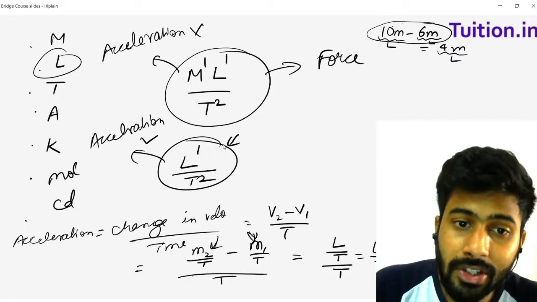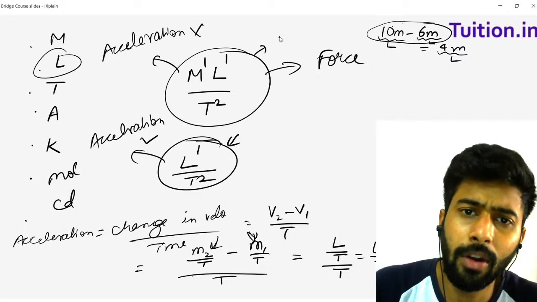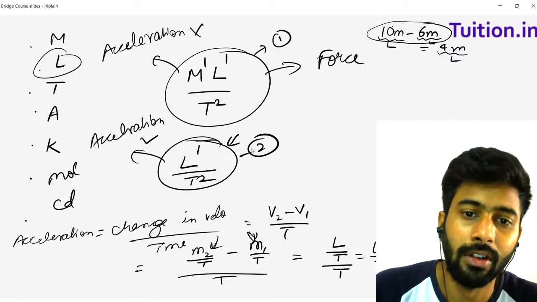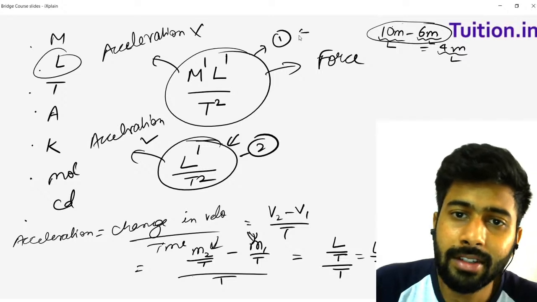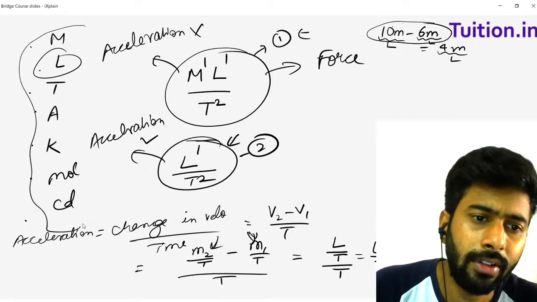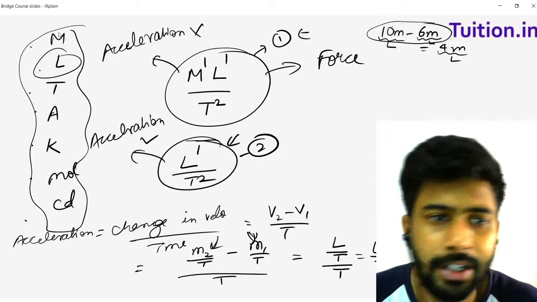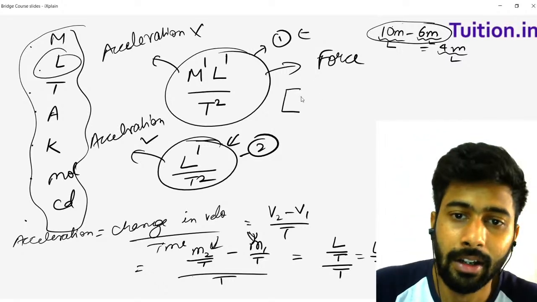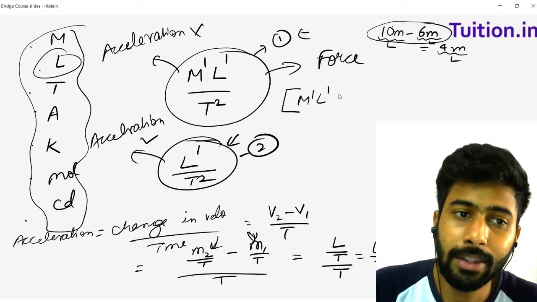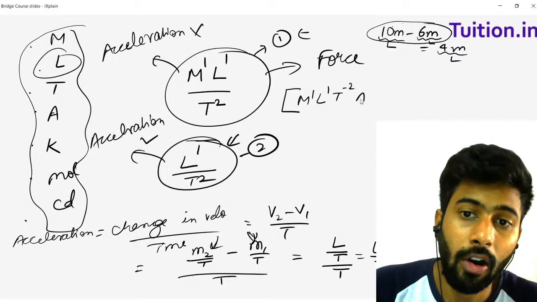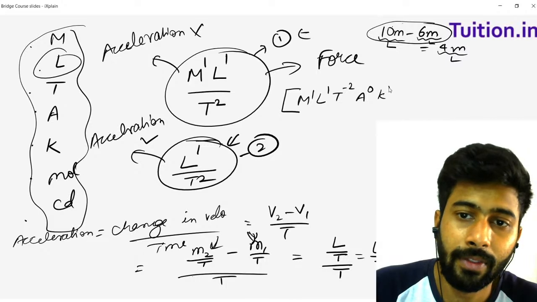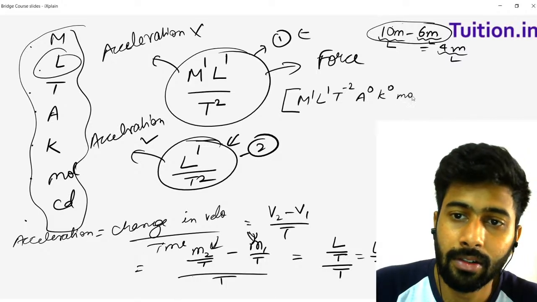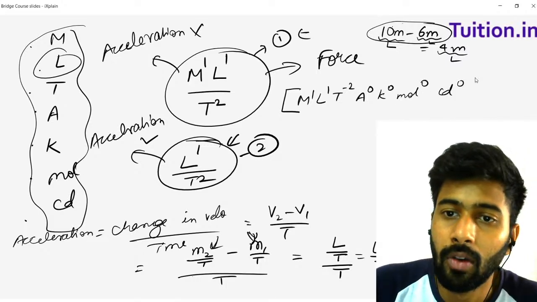So this combination is one combination. This is another combination, right? And what is this a combination of? It is a combination of these 7 physical quantities, right? Because if you look at its whole dimension, what is it? Mass power 1, length power 1, time power -2, and all other power 0, right? What does power 0 mean?